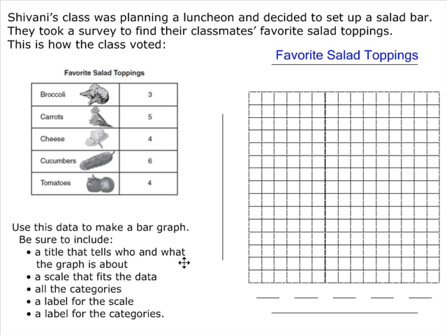Well, now that we've done the title, let's work on a scale that fits the data. And if we look at the numbers here, you see they range from 3 at the lowest to 6 at the highest. So if we start at 0, then for the scale we could go up by 1s.